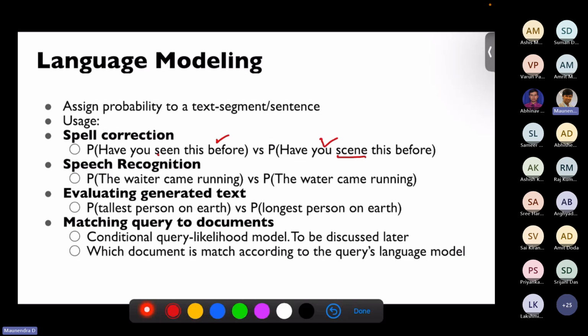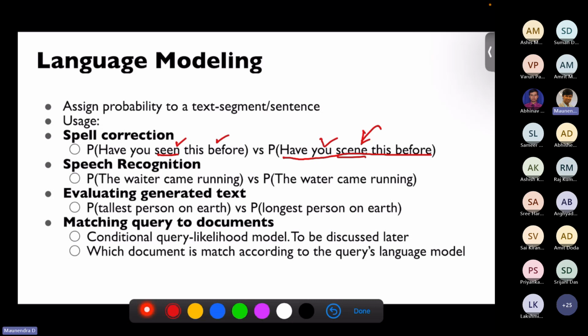Suppose the user is typing this, and an algorithm says that instead of one spelling we should use the other. We can check which one has a higher probability, and accordingly we can suggest the first version.